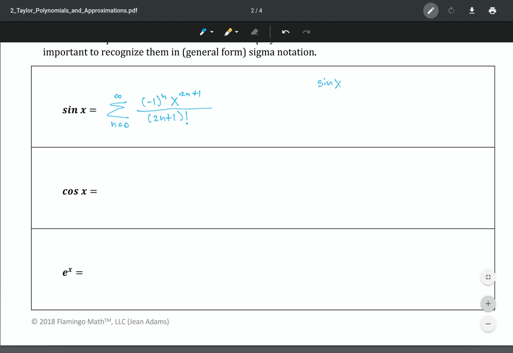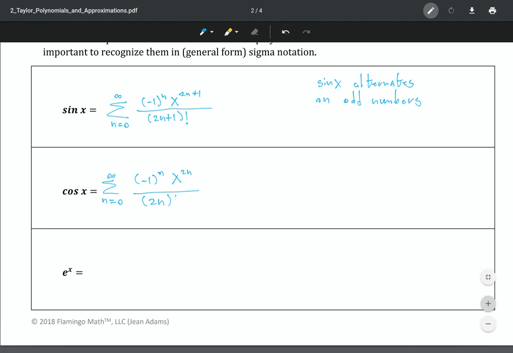So the sine of x alternates in our numbers. All right, for the cosine, oh, sorry, I copied the wrong one.